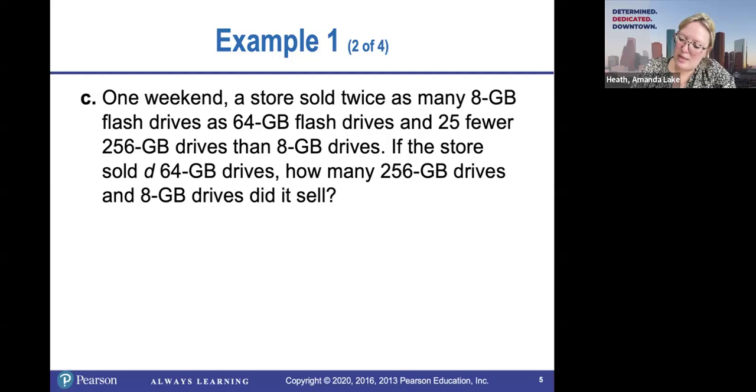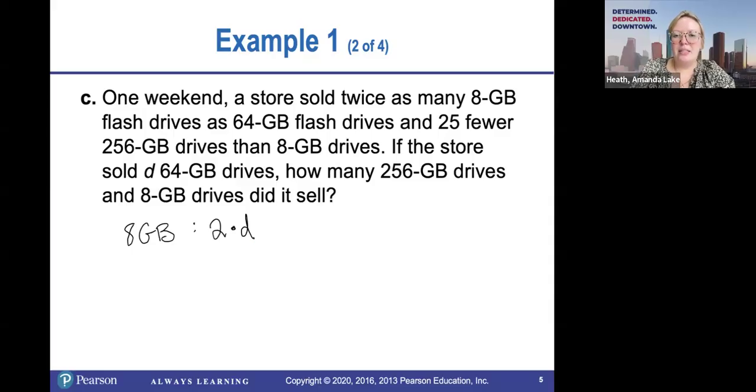So we know that they sold twice as many 8 GB flash drives as 64 GB flash drives. So the 8 GB flash drives are going to be 2 times the number of 64 GB flash drives, so 2 times D, or 2D.